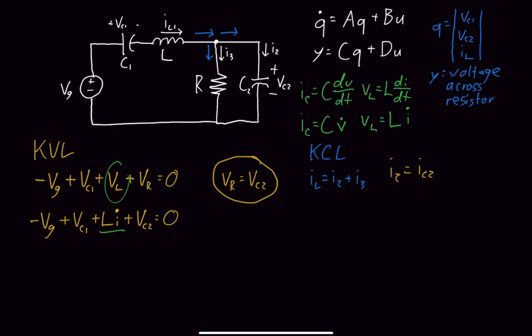Moving forward, what else can we get from this? With this, we know that IL equals IC2 plus IR.